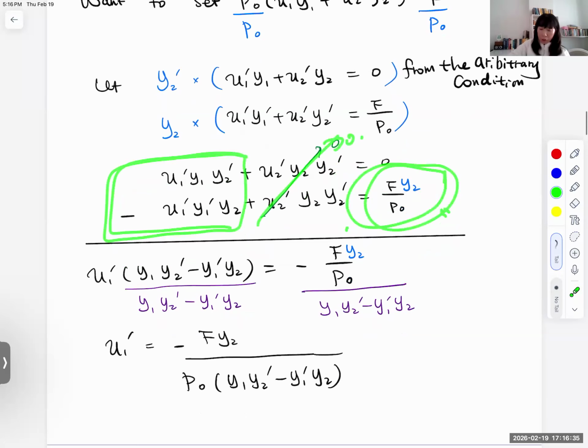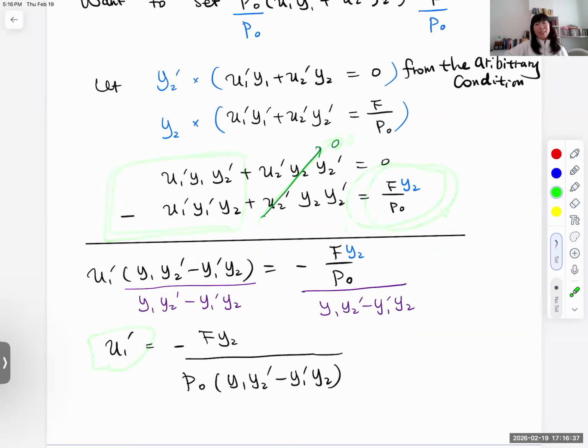Okay, now we want to solve for u sub 1 prime. Then we divide by whatever we have on both sides. Then u sub 1 prime will be negative f of x y sub 2 over p naught times y sub 1 y sub 2 prime minus y sub 1 prime y sub 2.